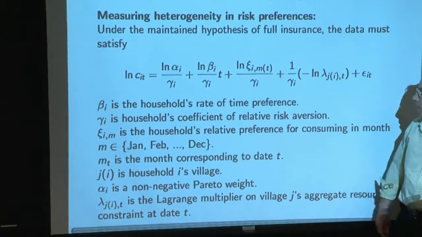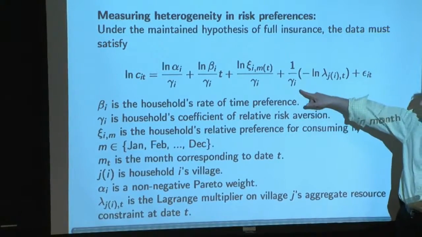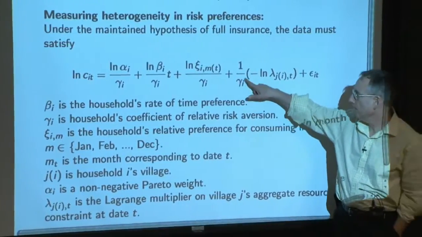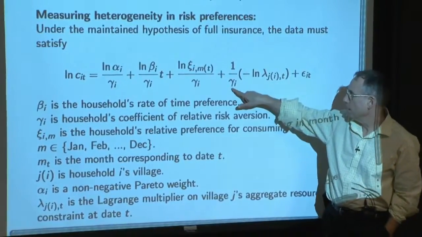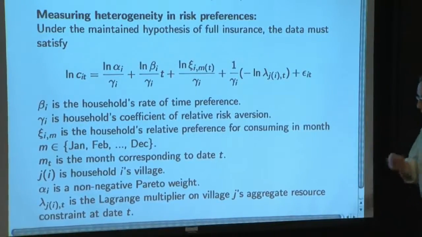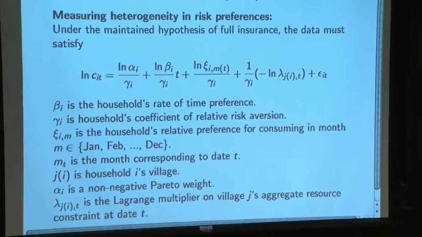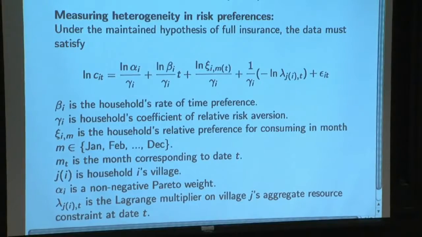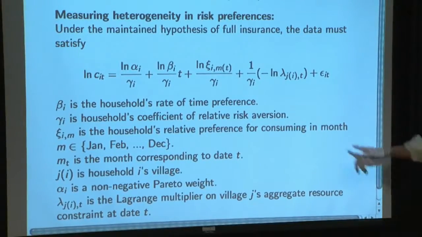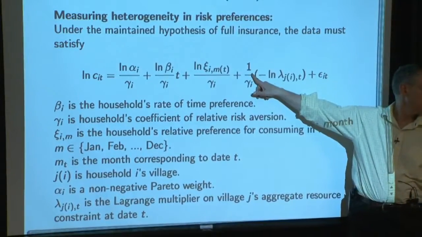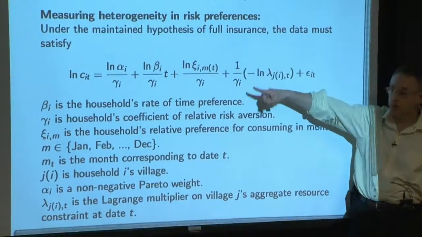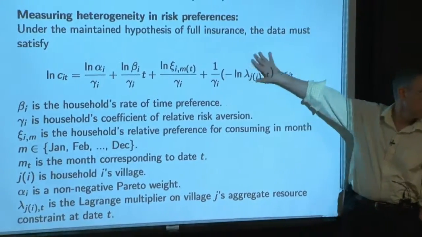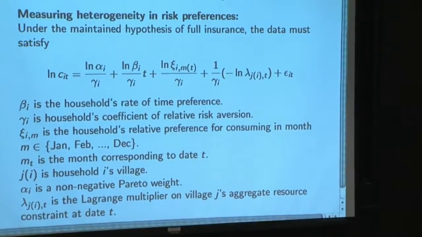And note in particular that everything, but in particular this thing, is normalized by basically the risk aversion. If risk aversion is really high, this coefficient is really low, and so that household's not moving around with the aggregate.